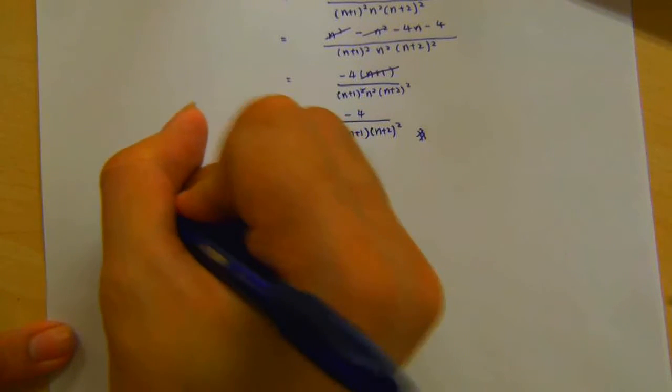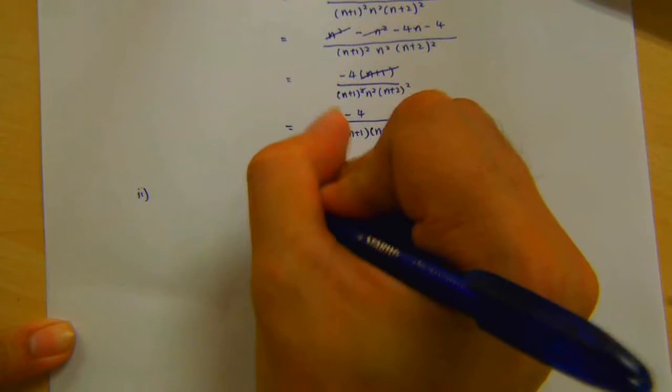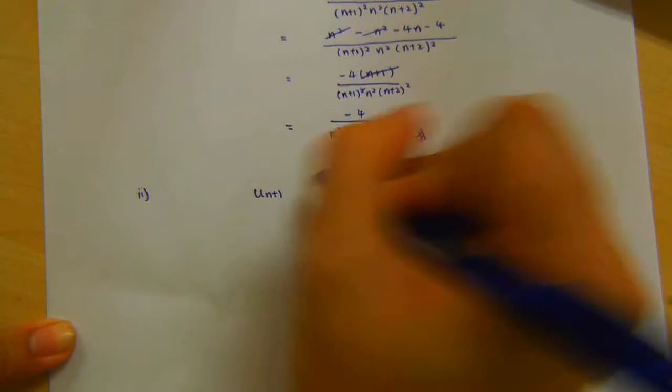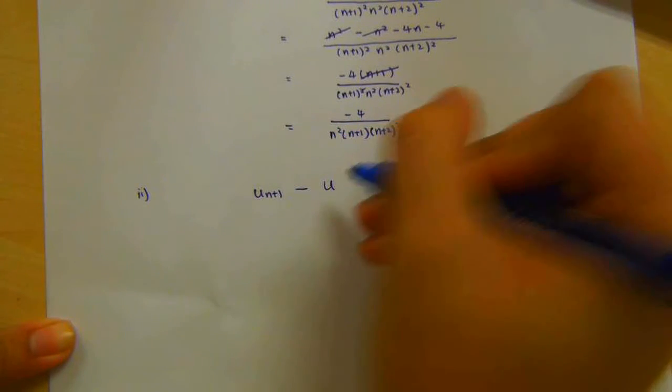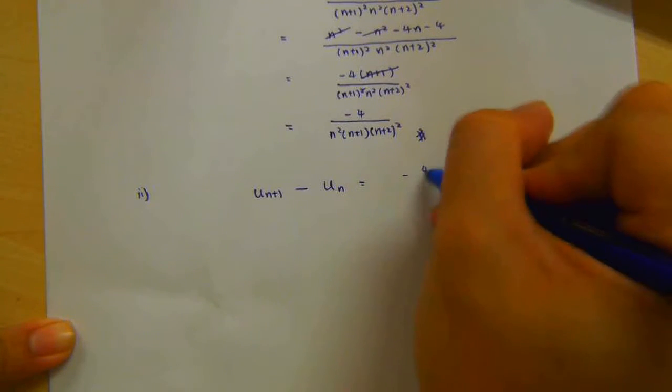Next, for part 2, we are supposed to find the expression for the summation sign. Since the word hence is being used, we have to use the previous result. So we'll write down the previous result that we have proved in part 1.